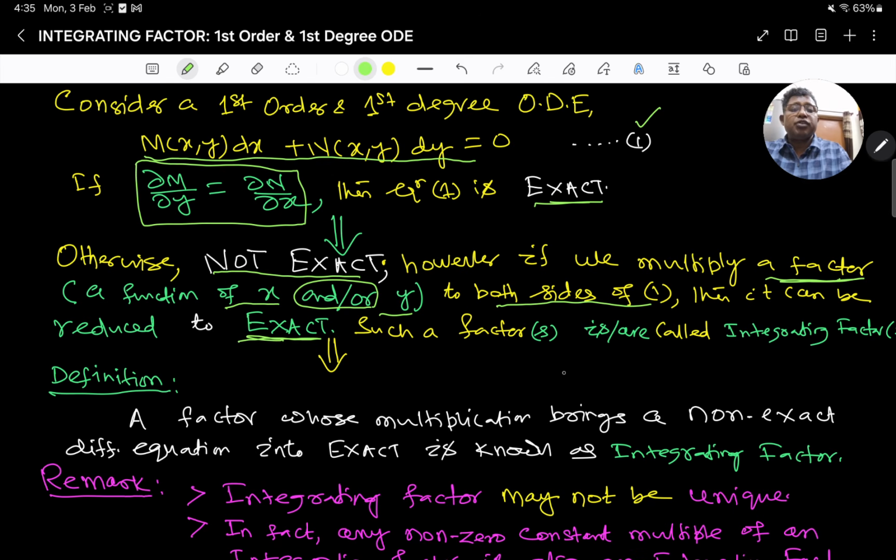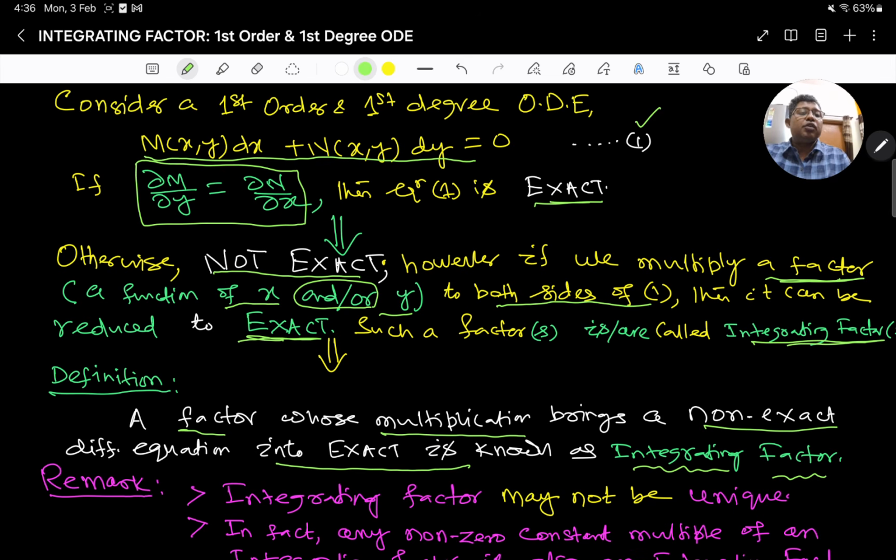Now such a factor is called the integrating factor. So what is an integrating factor? Coming to the definition, a factor whose multiplication brings a non-exact differential equation into an exact one is called the integrating factor.